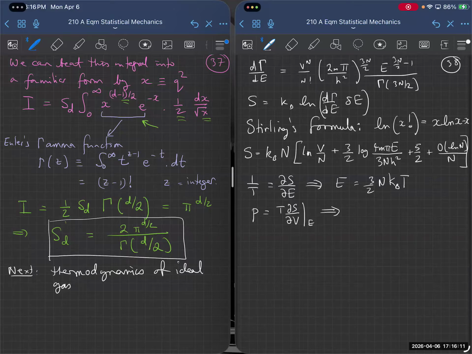Where does the volume occur? It occurs in the first term. So what I get is P equals N k_B T over V. In other words, PV equals N k_B T.